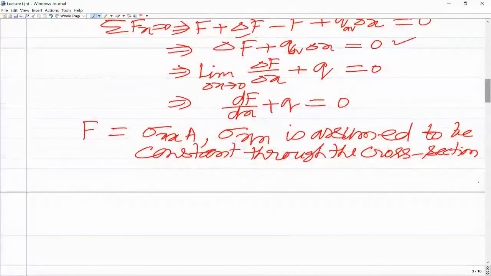So you can nearly assume, and the load is only axial load, so we can fairly accurately say that sigma xx is going to be uniform along the cross section, and sigma xx, I hope you know, is the normal stress along x direction. Now because we want to bring in displacement, we write stress in terms of strain. So then we use what is known as the stress strain relation.